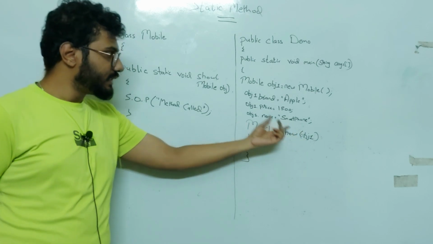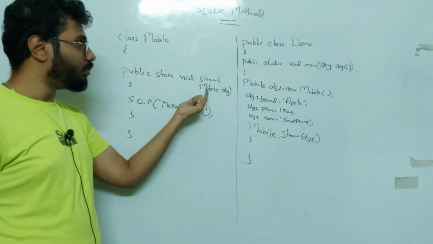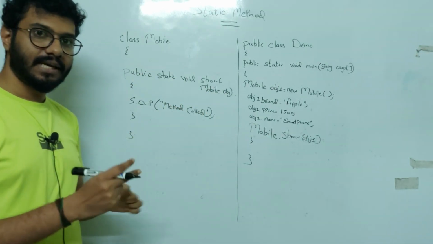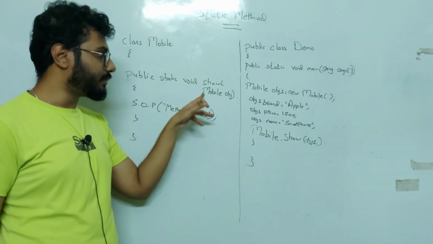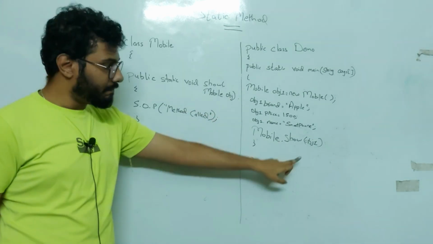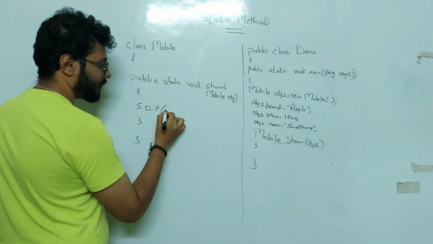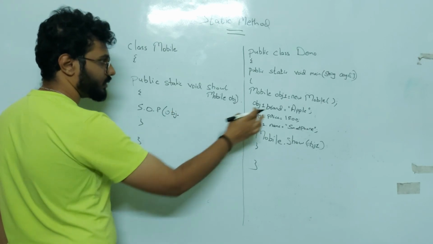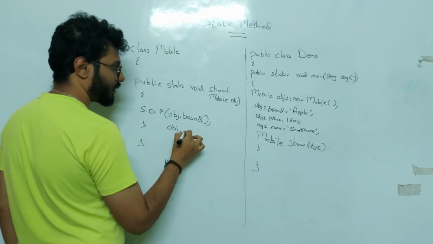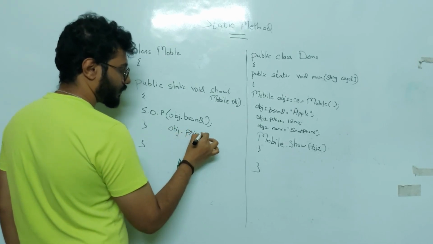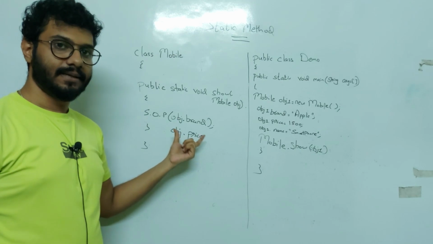Since this object is of type Mobile class, similar to int a, int b, we mention Mobile as its type and then the passed object. Once we get it here, we can access it in the form obj.brand, and you can access it in the form obj.price. This is how you can access the non-static variables inside the static method.